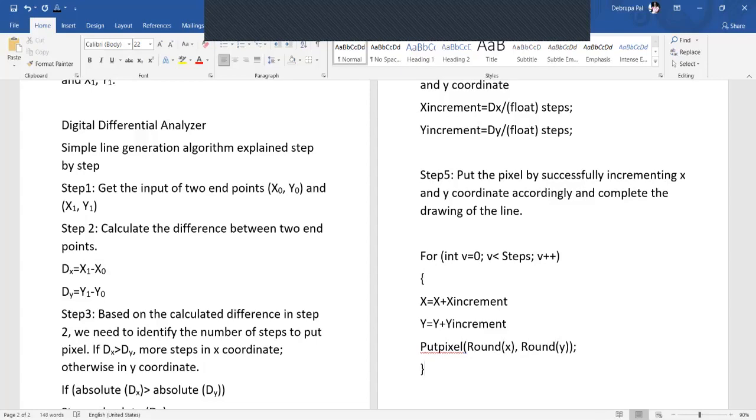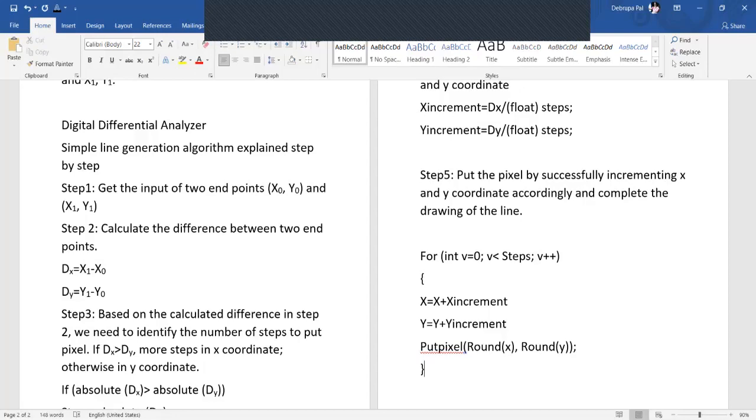So this is the algorithm of line drawing. This is known as DDA line drawing algorithm. There are different line drawing algorithms available in computer graphics. This one is one type. Next, we will study in another class, that will be Bresenham algorithm. So there are different algorithms for line drawing.